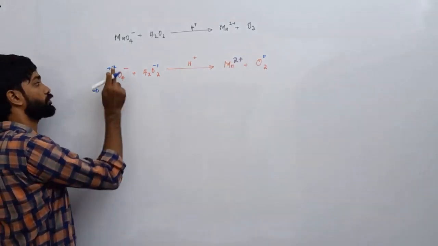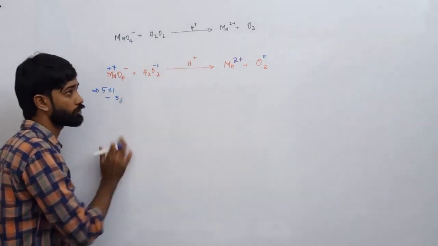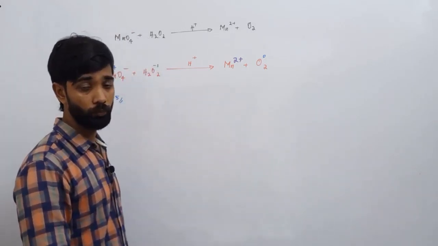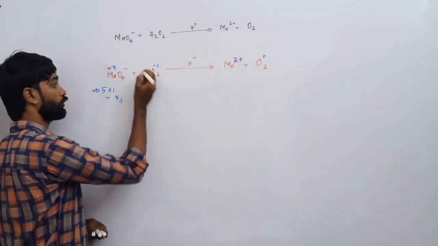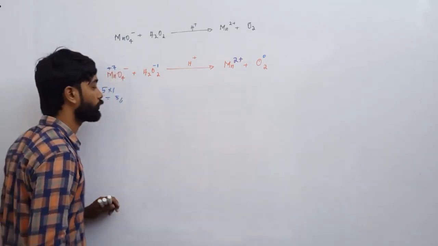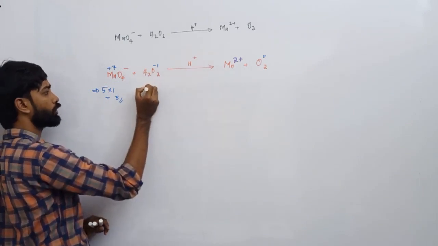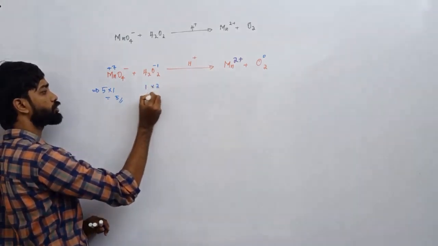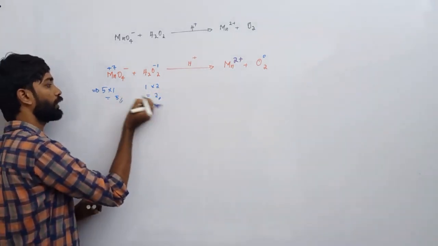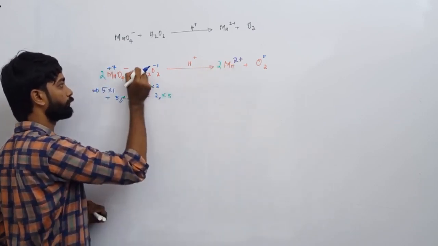Number of electrons gained or lost: +7 to +2 is 5. In almost all examples, our main component is permanganate, so you are familiar with this. And -1 to 0, that is 1 into number of oxygen 2, so 2. Gained 5, lost 2, so you multiply with 2 here and 5 here.